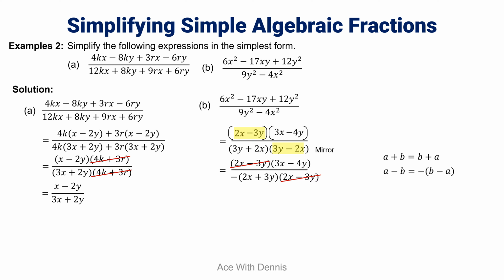After that, we can cancel out the 2x minus 3y. So it becomes negative 3x minus 4y over 2x plus 3y. And this is reversible, where negative b minus a can be written as a minus b. So we can leave our answer as a positive fraction by changing it to become 4y minus 3x over 2x plus 3y.